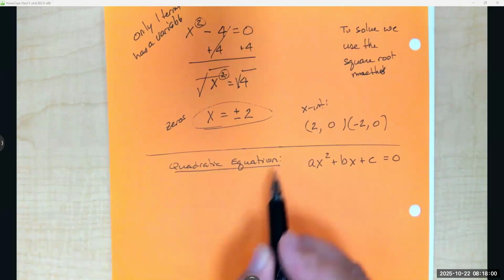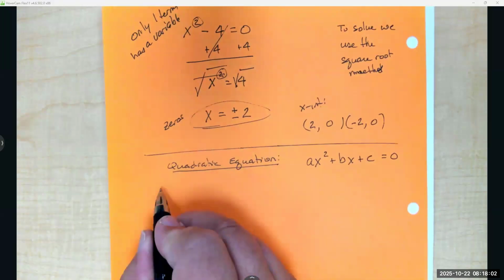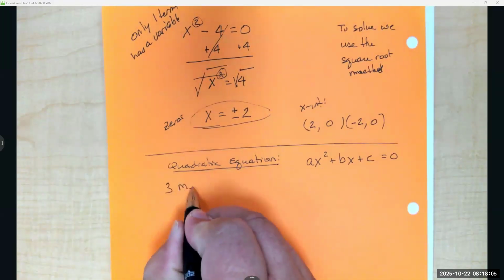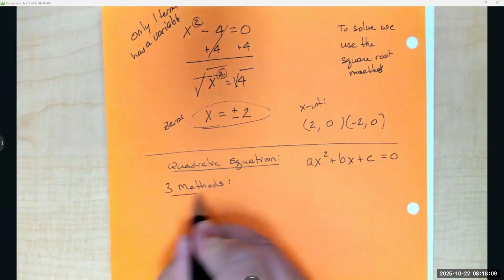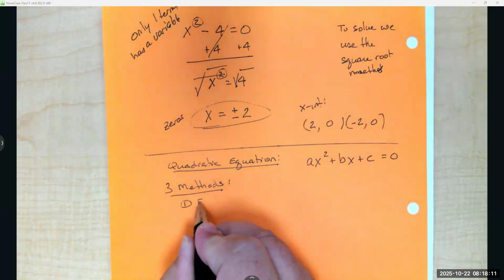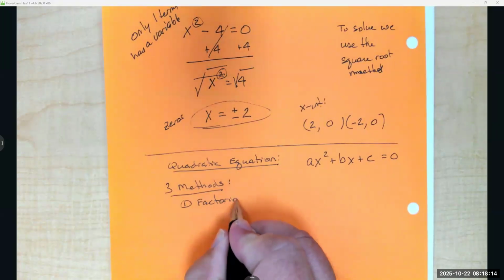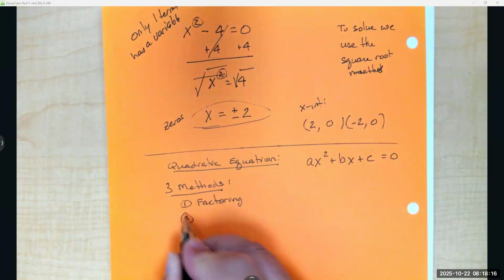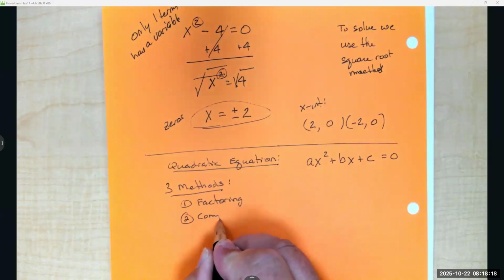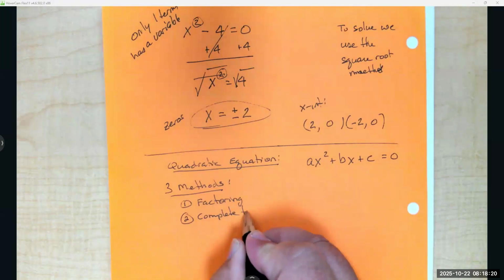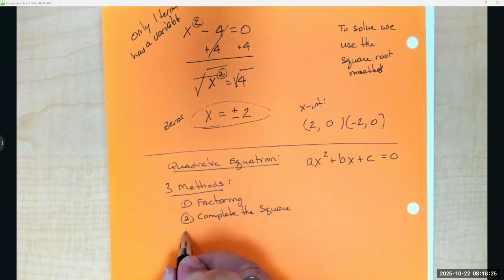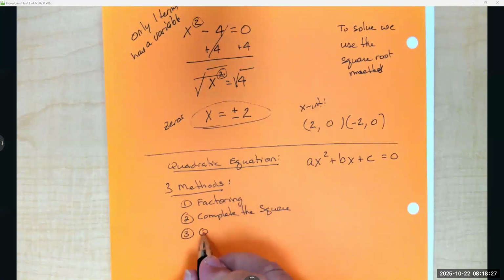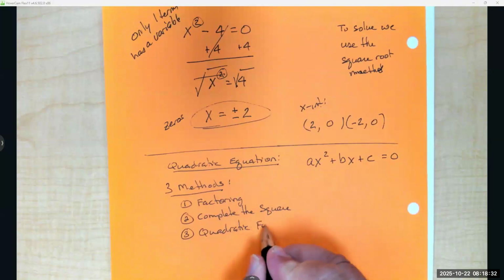Now, to solve quadratic equations, we have 3 methods. One is by factoring. The next method is completing the square. And the last method is the quadratic formula.